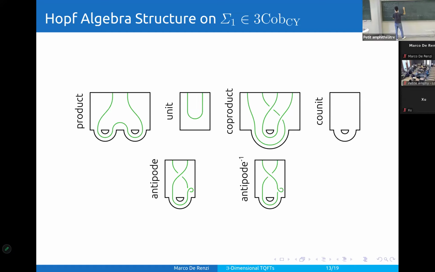So now I can state my first proposition for today. If C is a finite ribbon category, okay, I will do this actually, because now I will need to lower the screen again.